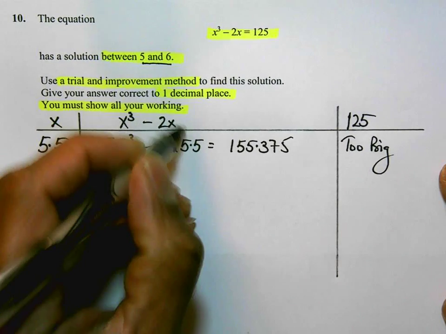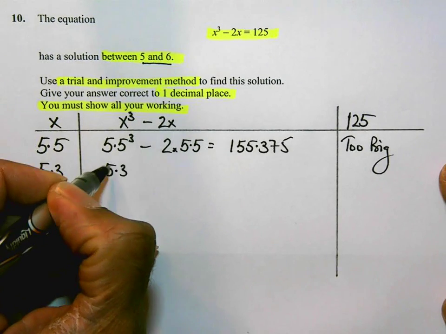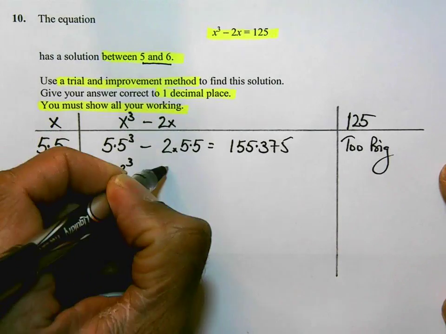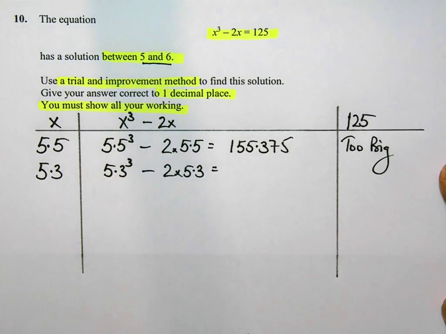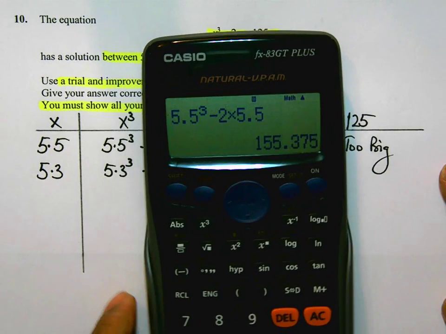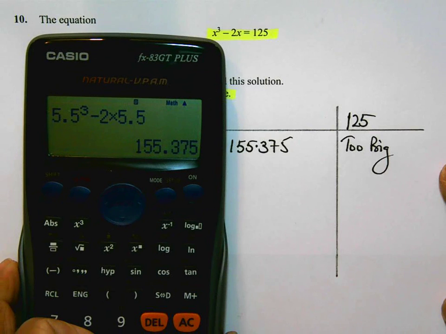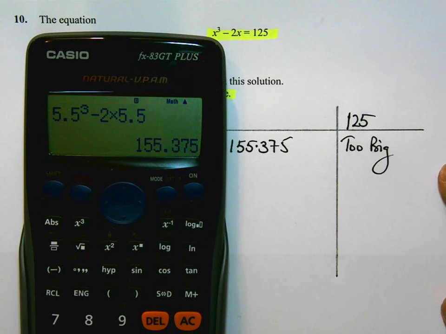I could have tried 5.4, then 5.3, and so on, but I'm going to try 5.3 next. I'm going to do the same thing. I'm going to substitute 5.3 into the equation. So I have 5.3 cubed, take away 2 times 5.3. I'm going to use my calculator, and I've made sure that I didn't clear the screen.